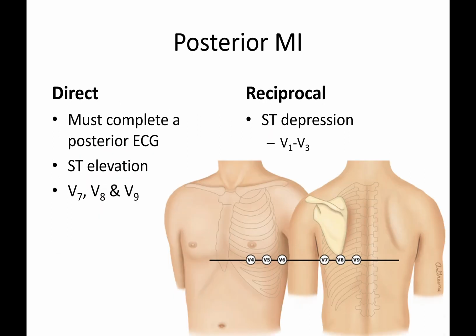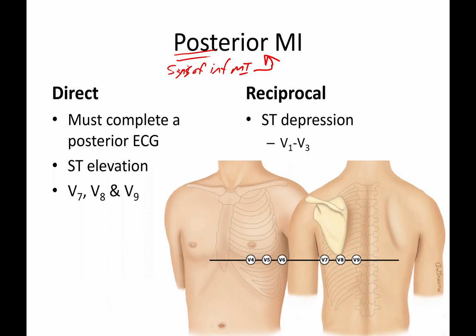So as we move to the next slide, how do we verify a posterior MI, particularly given that we have these challenges with not being able to see the back of the heart? Well, if you have any signs of an inferior MI, you really need to consider getting a posterior MI workup as well.